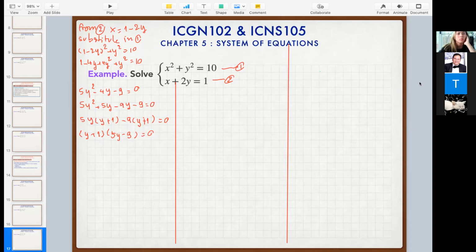Then I have y plus 1 equals 0 and 5y minus 9 equals 0. In this one y equals negative 1, or in this one y equals 9 over 5.